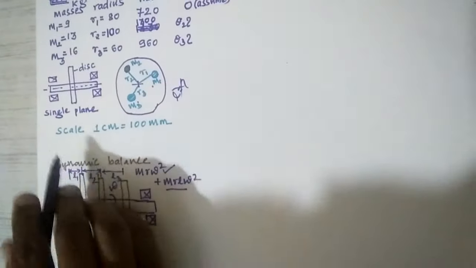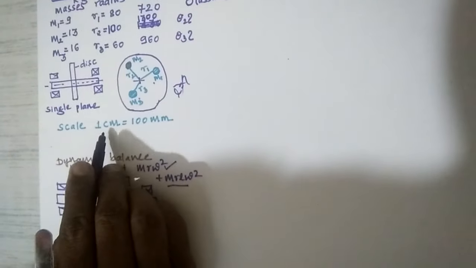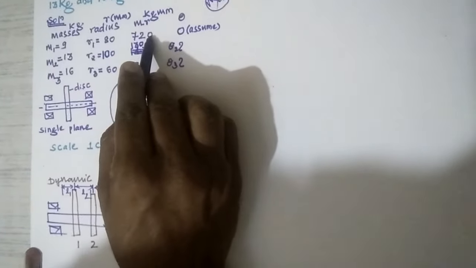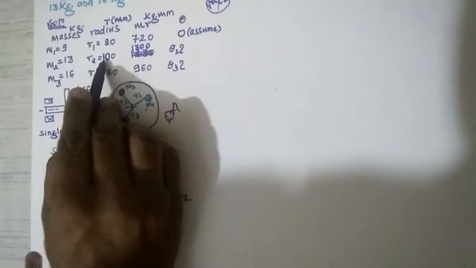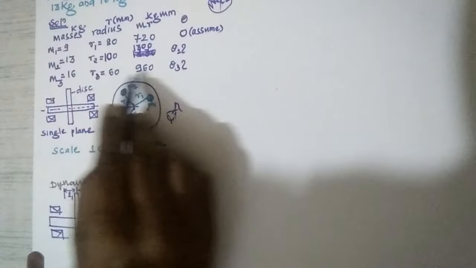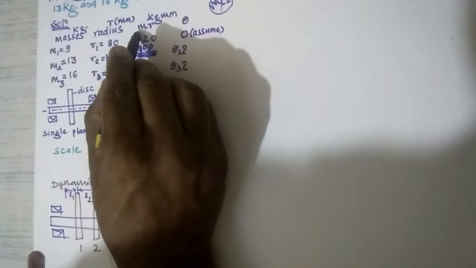First you have to take the scale. You multiply M1 R1, which comes as 720, M2 R2 comes as 1300, M3 R3 comes as 960. This is nothing but the MR product.